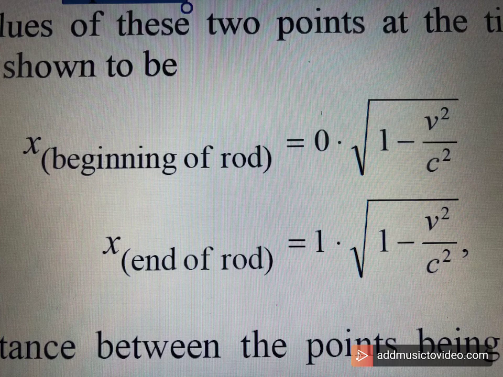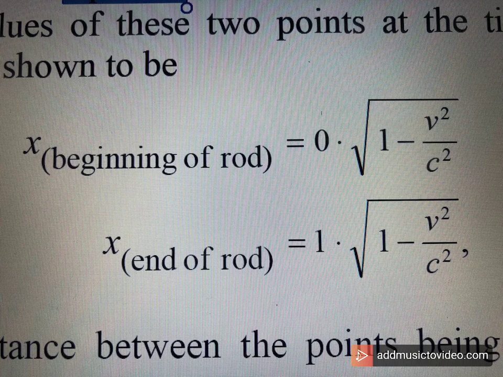But the meter rod is moving with the velocity v relative to K. It therefore follows that the length of a rigid meter rod moving in the direction of its length with a velocity v is square root of 1 minus v squared over c squared of a meter.